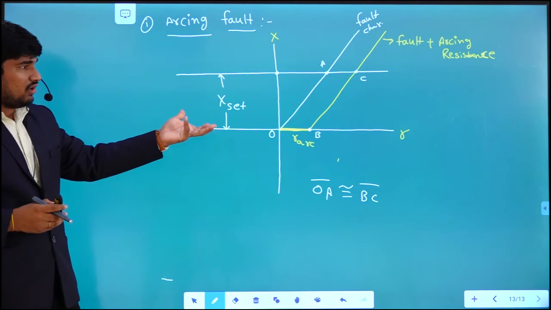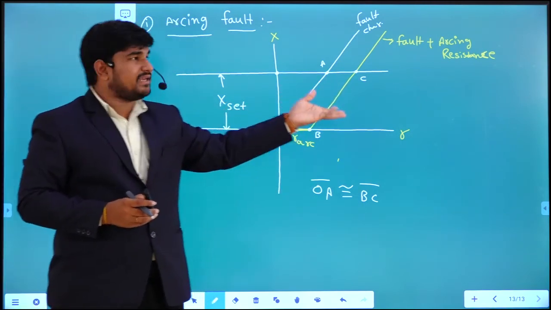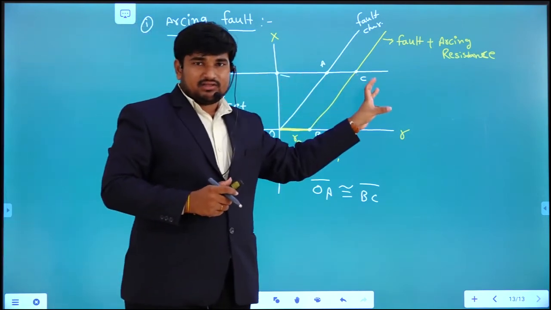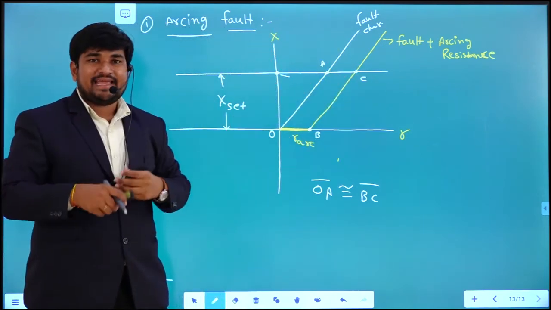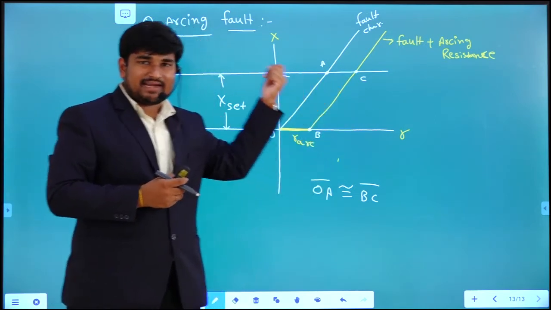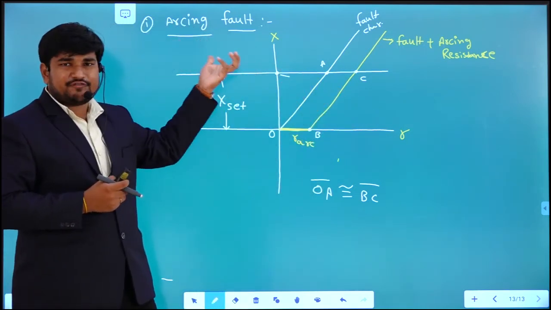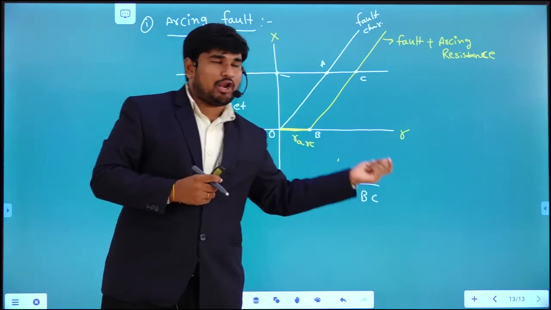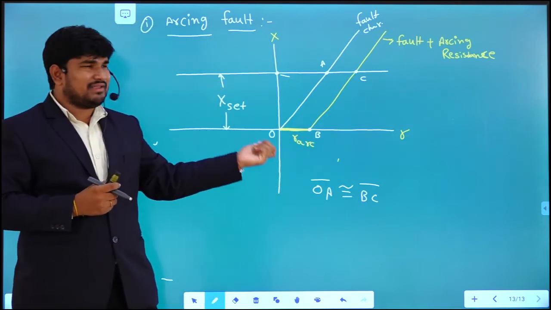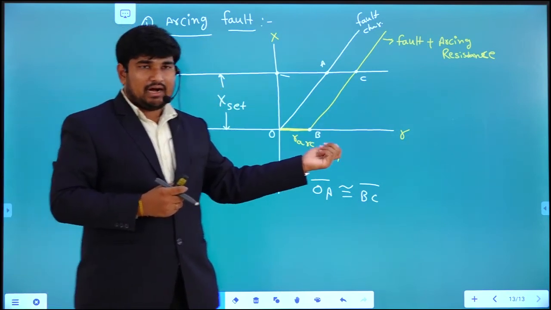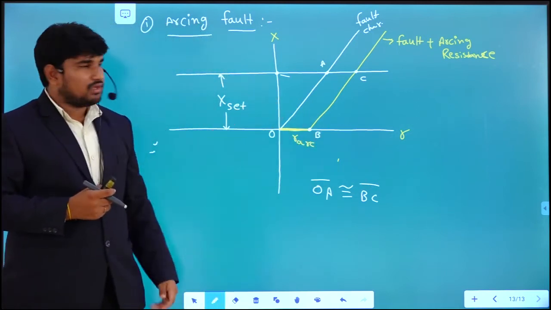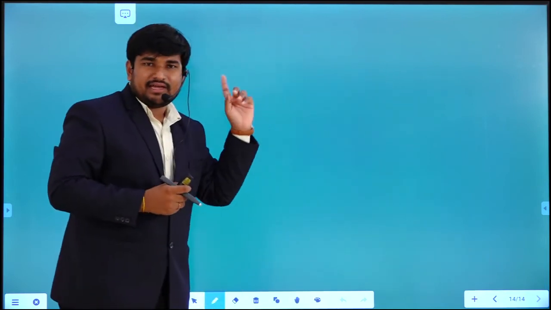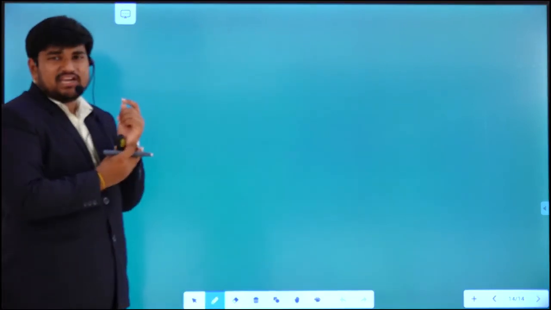So the underreach is not happening in the case of the reactance type relay. So one limitation of the impedance relay has been overcome in the reactance relay. That means the arcing fault limitation has been overcome with the reactance type relay, right?